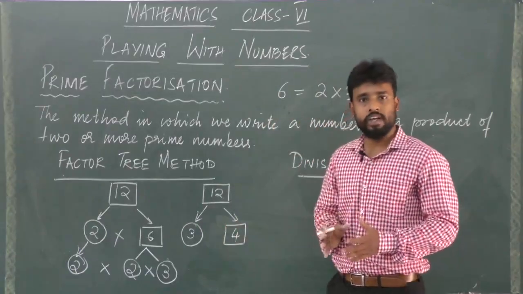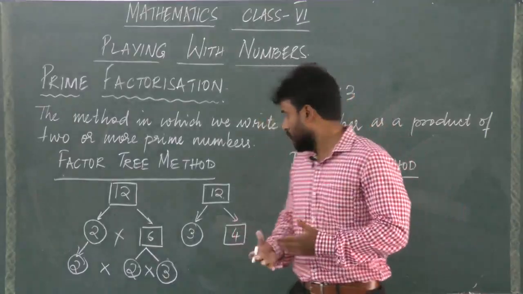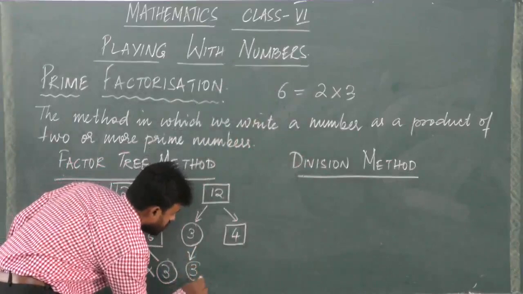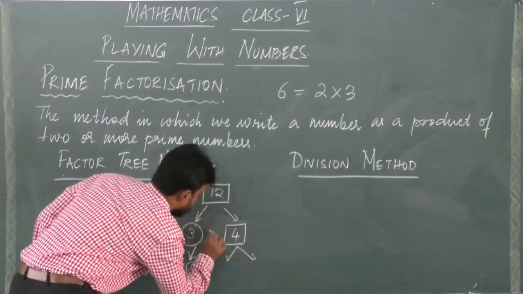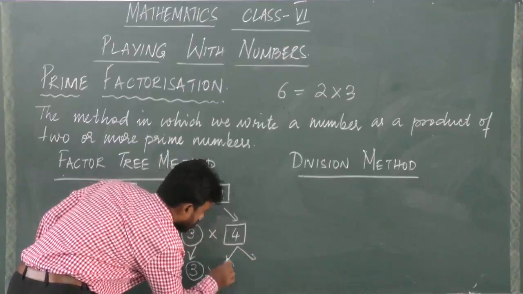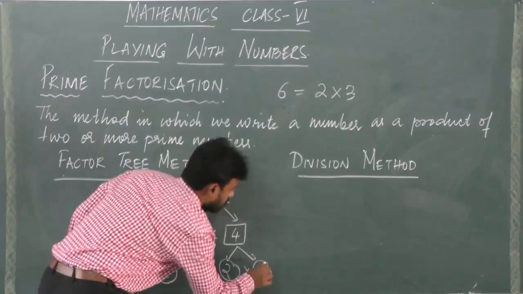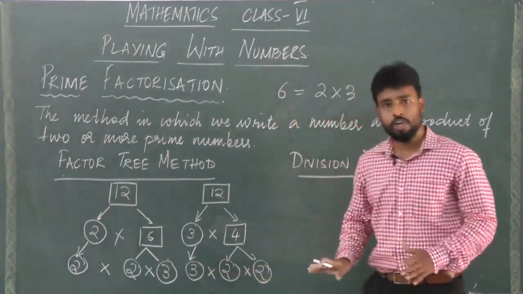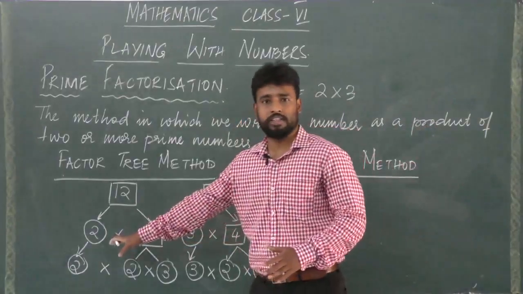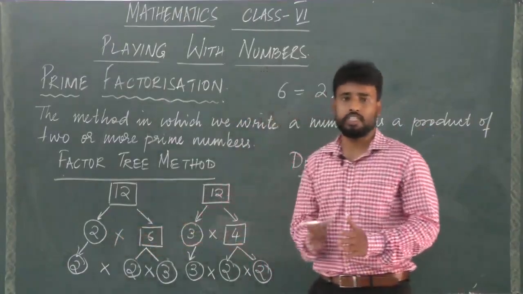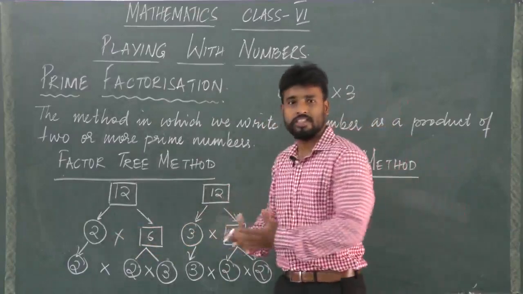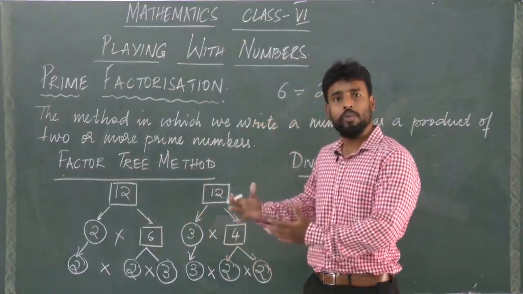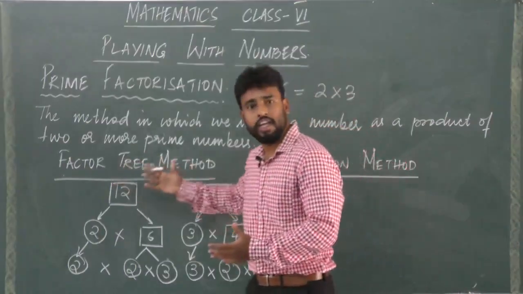I've written 4 in a square because 4 can be further factorized as 2 into 2. So ultimately we get the result as 3 into 2 into 2, which is the same as the first method. The answer is the same, only the process is a little different. So both ways we achieve the same result. This is how we can factorize according to the factor tree method.